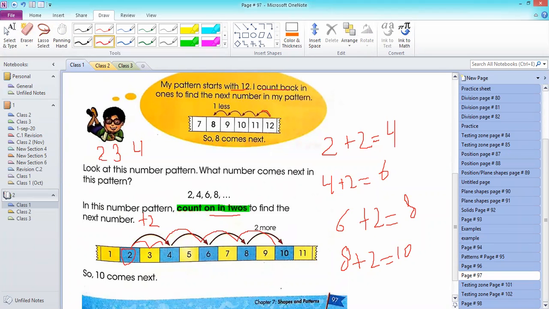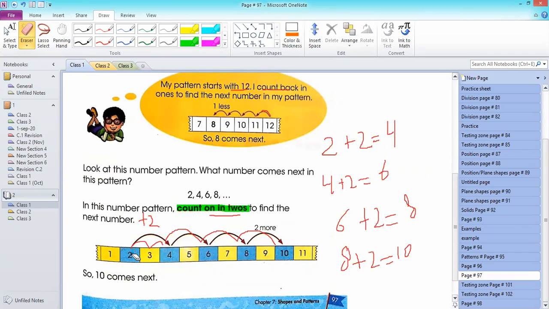That means you are counting on in twos. From 2, you skip the 3 and move directly to 4. Then again, if you count 1 and 5, 1 and 6. So look, 2 to 4 and 4 to 6. Now you know that you are counting on in twos.